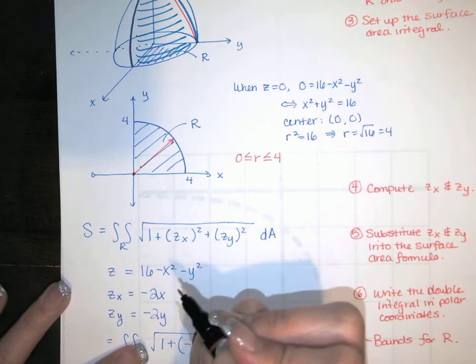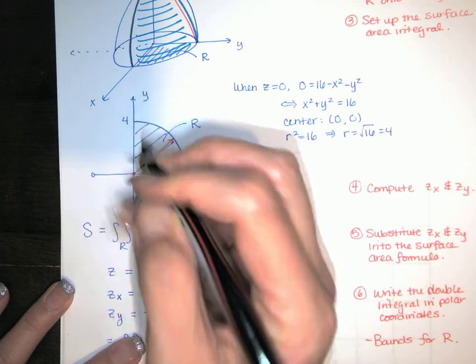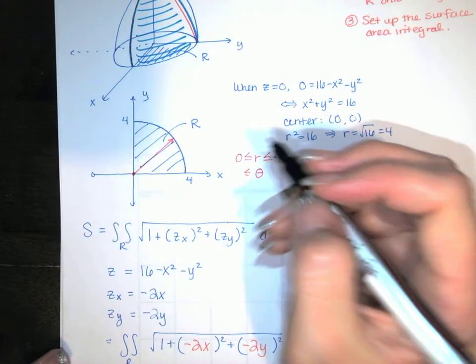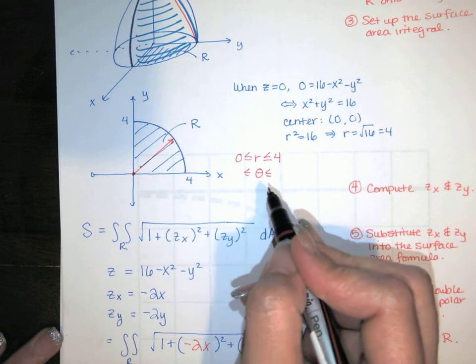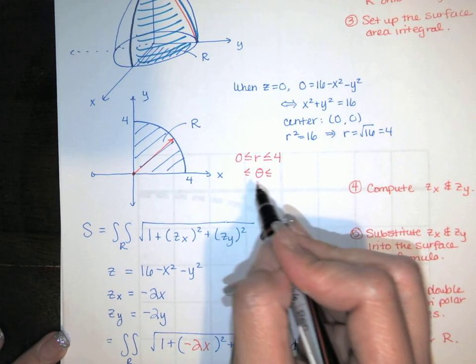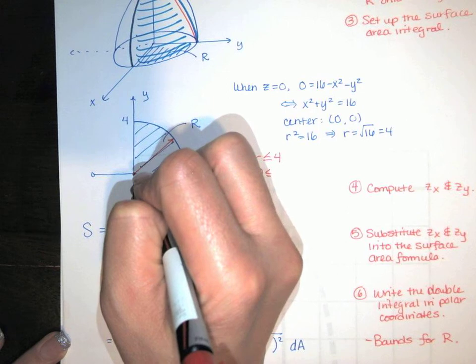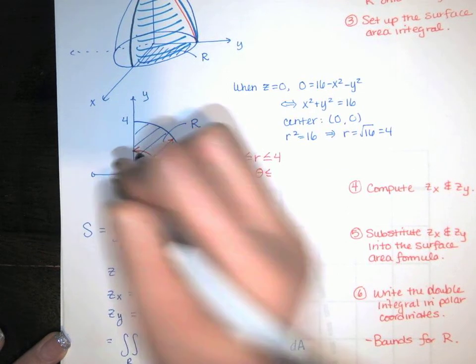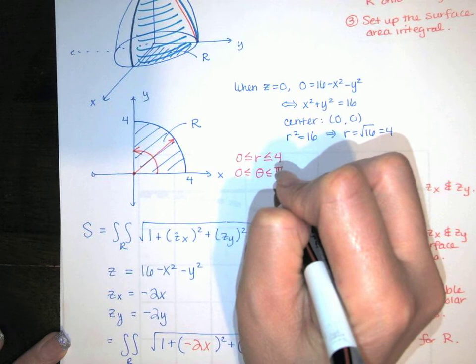Now we don't get the entire circle, and that's okay, but we do get circles centered at the origin, going from 0 out to 4. We just get part of the circle. And to specify which part of the circle, we state our bounds for theta. So theta starts over here and ends over there. So theta goes from 0 to pi over 2.